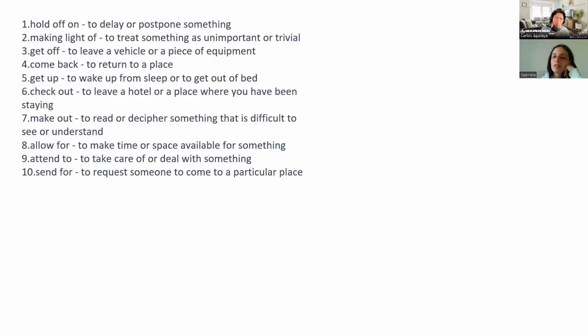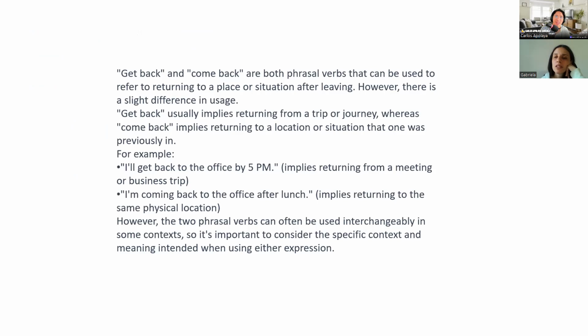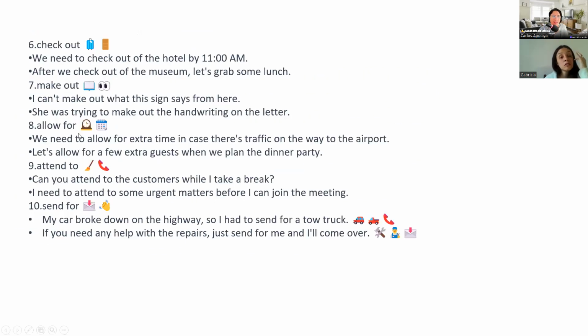Como permitir, ¿no? Yes, but you give yourself time. Look at this example. We need to allow for extra time. It means you're going to give yourself extra time. Let's allow for a few extra guests. Permitámonos algo. It could be time or it could be something.